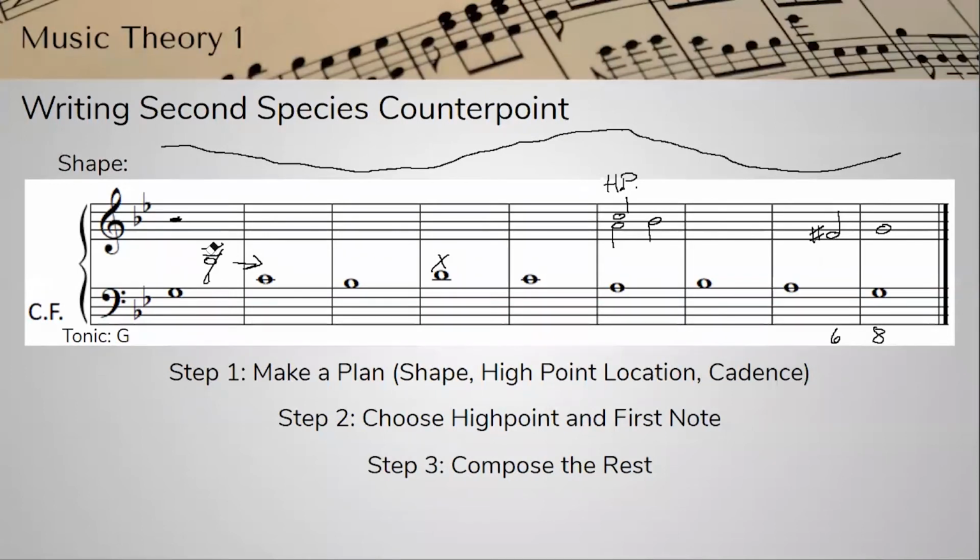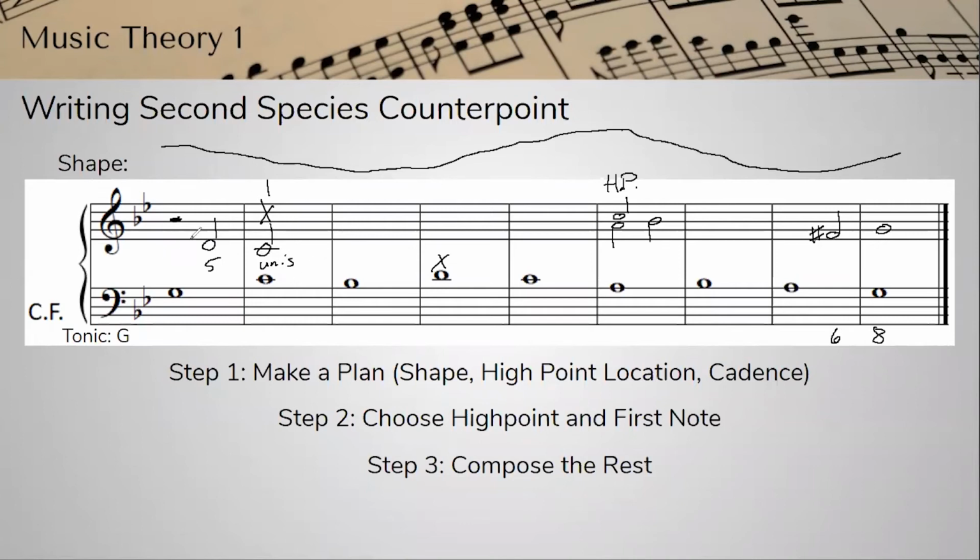We could start on a fifth, which would be the note D. And that actually might work. So we could have 5 here. Now, if we chose that as our high point and wanted to go down, the only note we could really move to is this note C. And that's a unison, which is allowed in second species, but that unison is on a strong beat, beat number 1 of the measure.